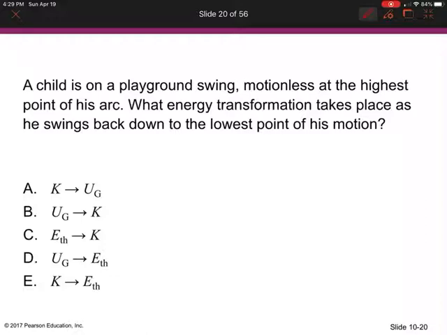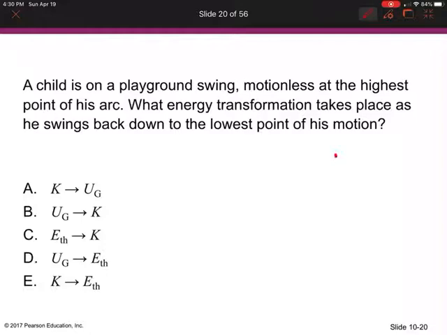This is asking what energy transformation takes place as he swings back down to the lowest point. So think about a pendulum. You know that Newton's cradle that I have in my classroom with all those metal balls, and you take one and hold it up and then let go and it goes through all of the balls and pushes the other one on the other side up. That's called a Newton's cradle, which is basically a pendulum.